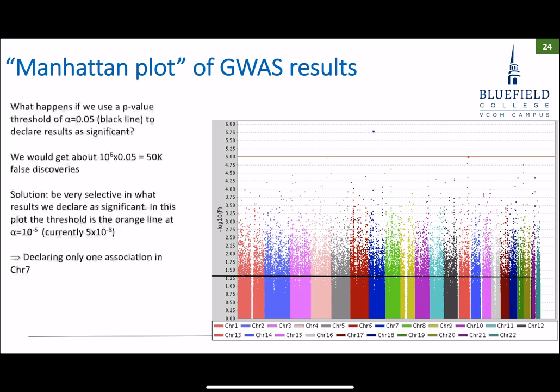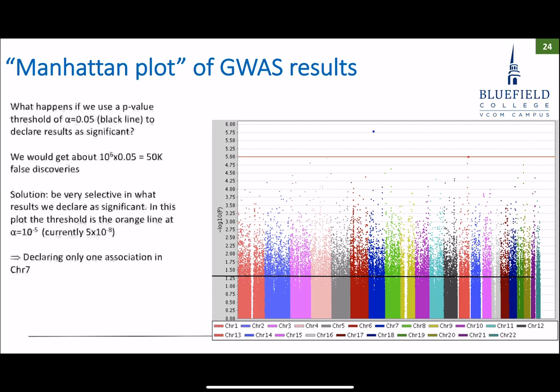The solution is to be very selective in what results we declare as significant. So we can make the statistical significance criteria more stringent, and the current p-value that we accept as significant is 5 times 10 to the negative 8. But for this one, we don't need it so stringent.